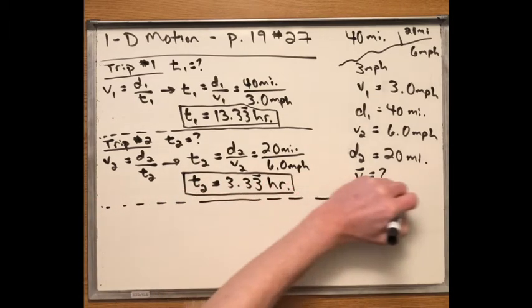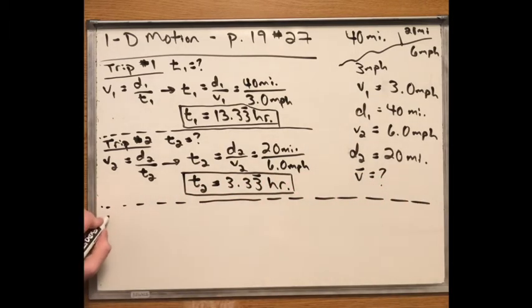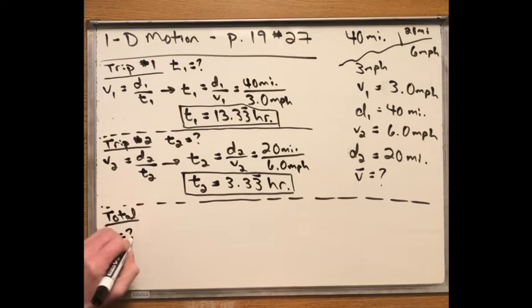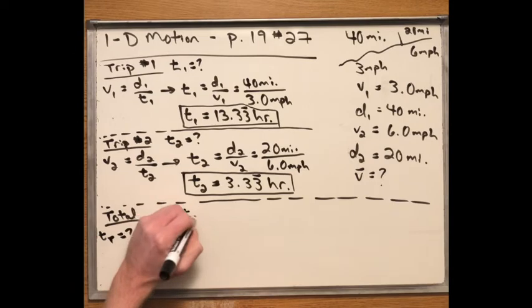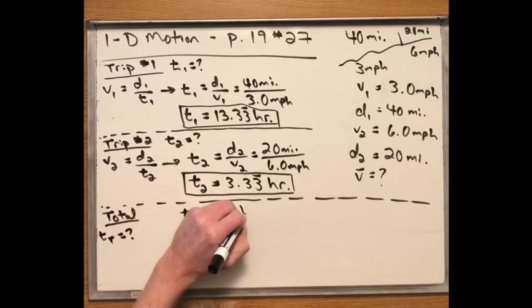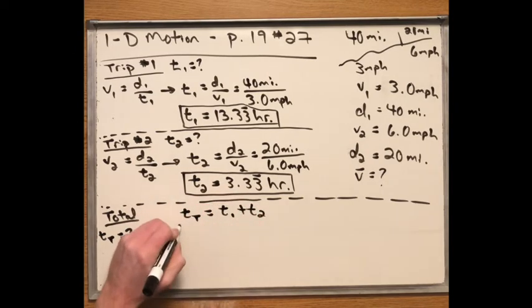And we can also find the total time, if we'd like. And the total time, obviously, in a very straightforward way, is just the sum of the individual times. So we have T1 plus T2.